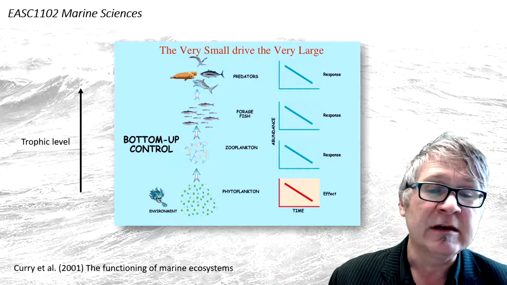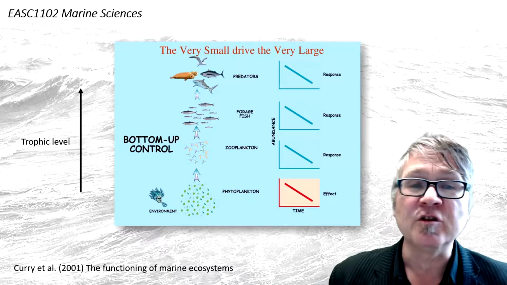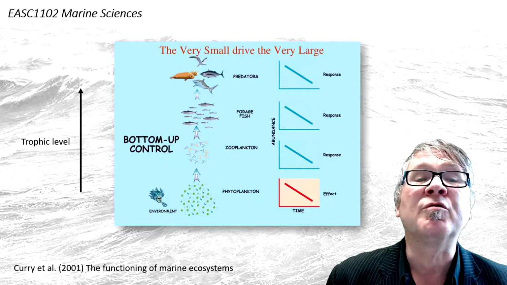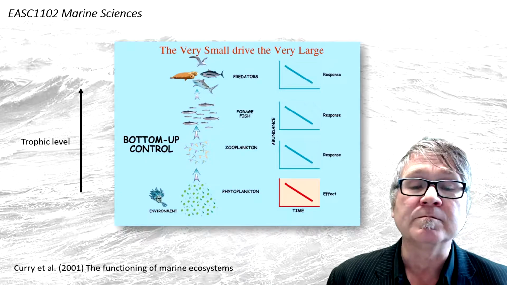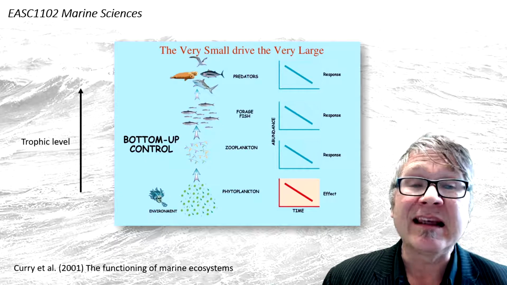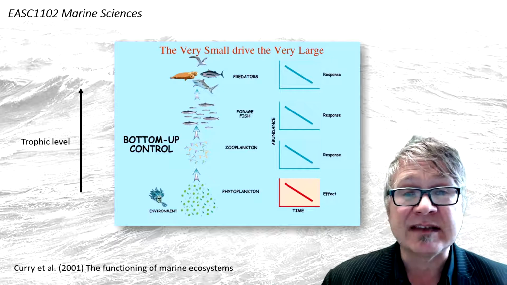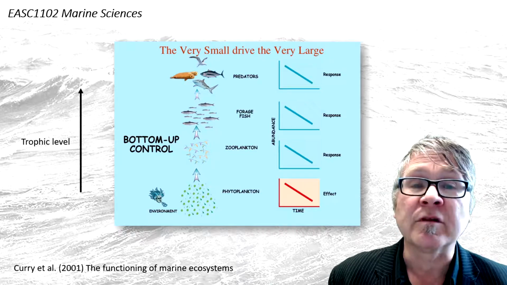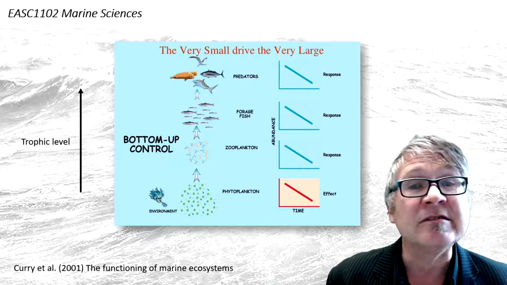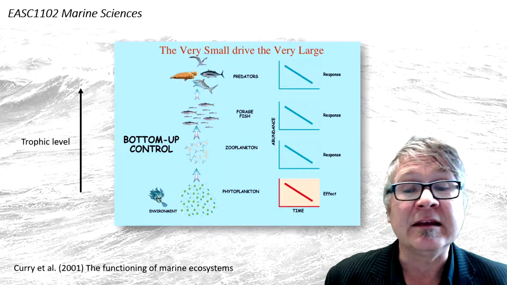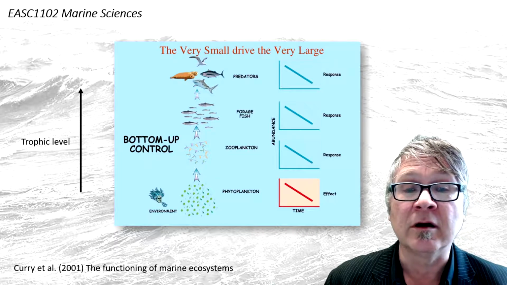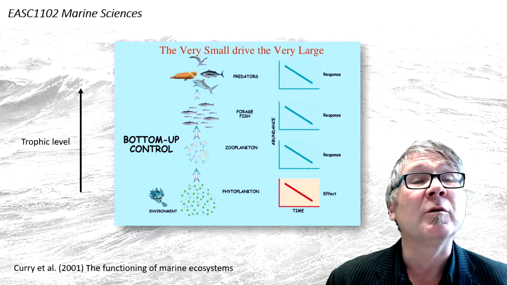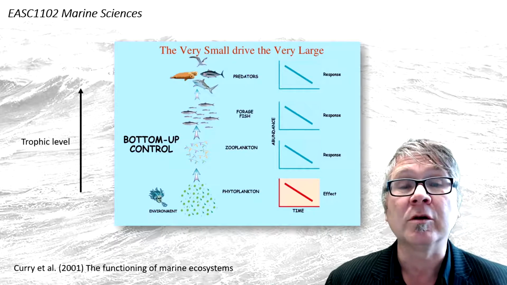And the same happens if you reverse the time axis, if you create a phytoplankton bloom, unless the oxygen gets used up, because that can kill off most of the ecosystem in a dead zone. That can lead to a collapse. So this one is called bottom-up control.